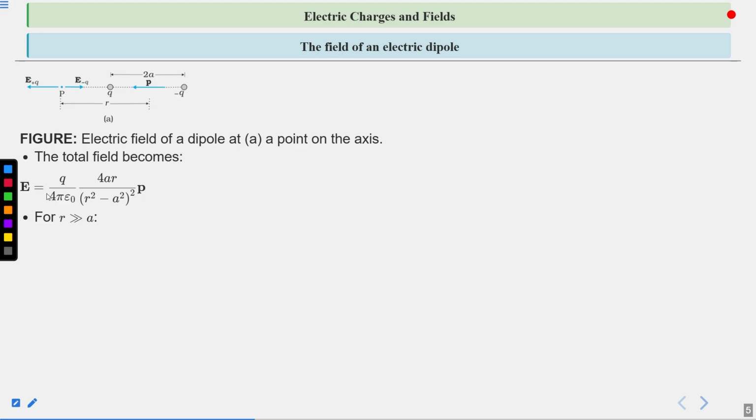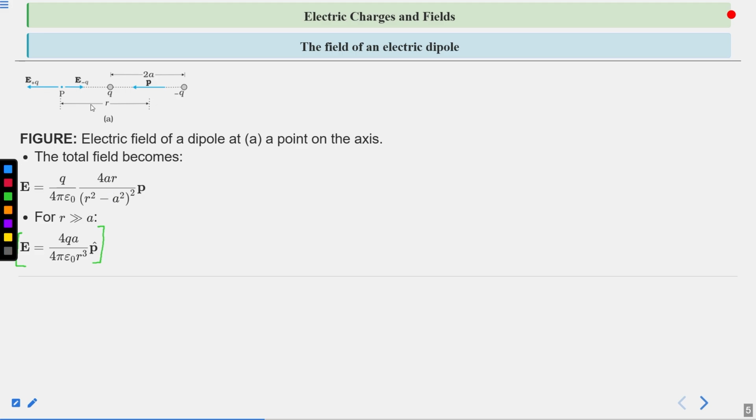Now there is some condition. Suppose R is greater than a, meaning the distance from point P to the center is much greater than a. In that case, the electric field E is equal to 4qa divided by 4 pi epsilon naught R cube, P cap.